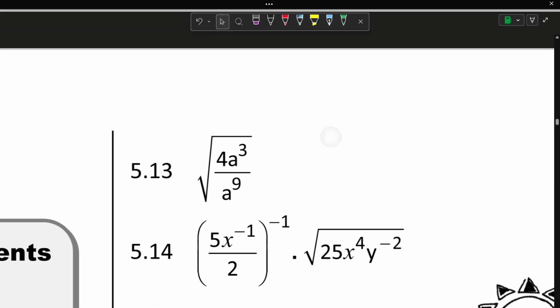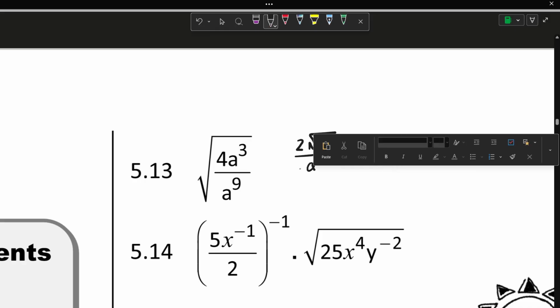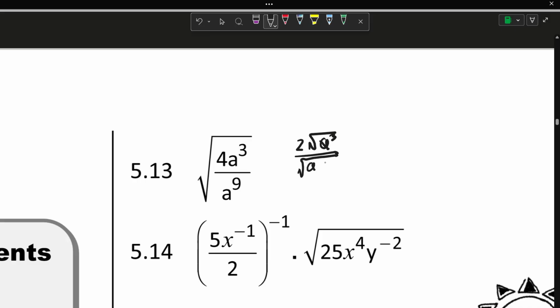Okay, so we've established previously that this is a 1 over 2, and that distributes into everything here, so it'll be 2 root a cubed over the square root of a to the 9.